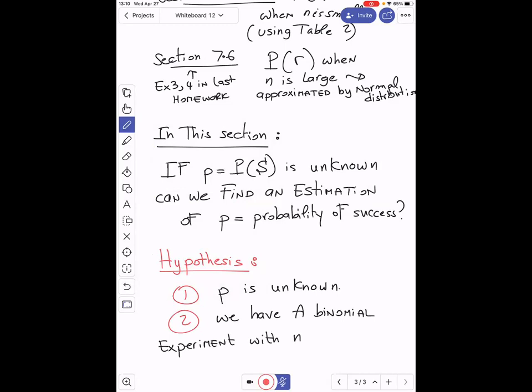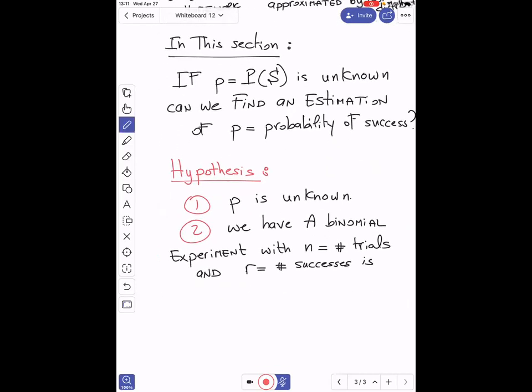The number of trials here is known, and the number of successes, R, is given.